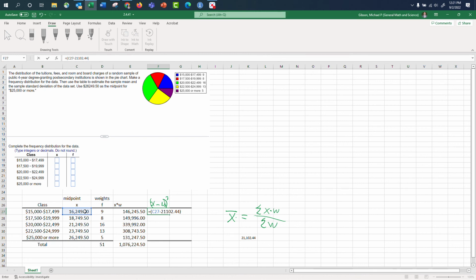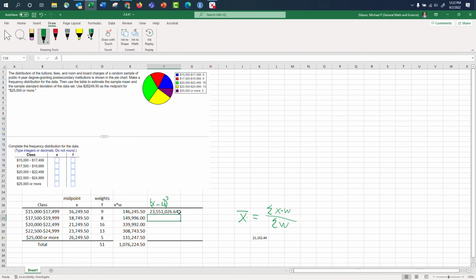The caret symbol, the capital 6, means exponent, and then you put in a 2. So I've got C27 as the reference, minus the value of the mean, 21,102.44, close parenthesis, and squared. We'll widen that a little so we can see it. Since the formula is set, we drag it down for all of them. Each one is the X minus the mean, squared.